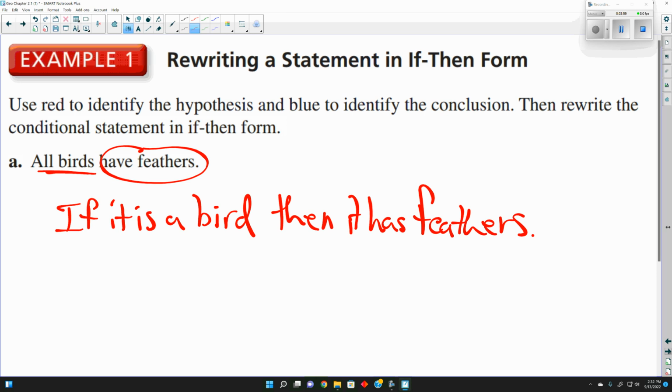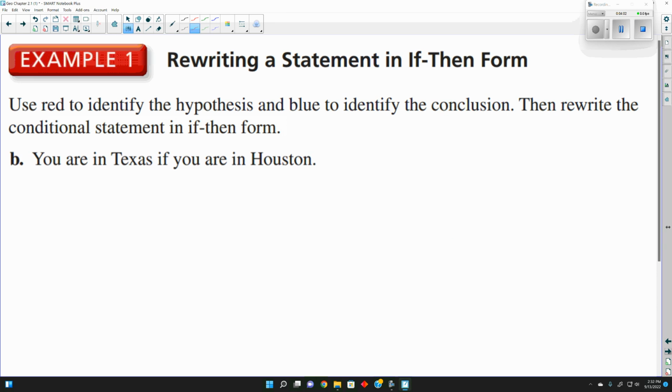So, you are in Texas if you are in Houston. So what's the hypothesis for this one here? So hypothesis, if you're in Houston. And the conclusion is? So this here, we just rewrote it.